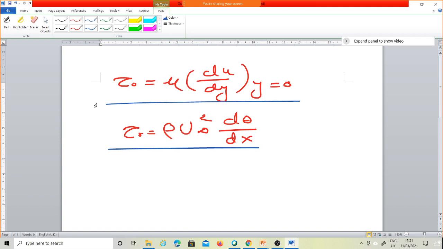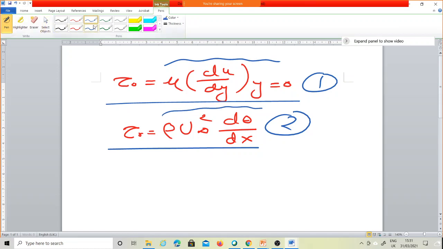In this case, how about equation number 1? This one, equation number 2. First of all, these two are equal, right? So I can write this right hand side should be equal to this right hand side. What you need to know here is du by dy, right? You need to know du by dy at y is equal to 0.